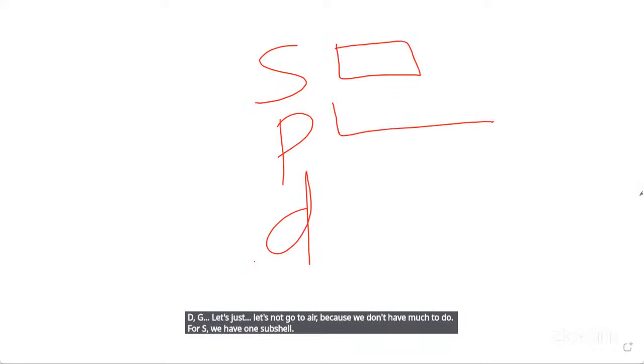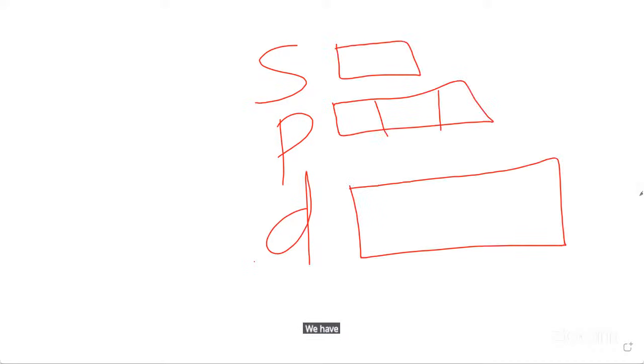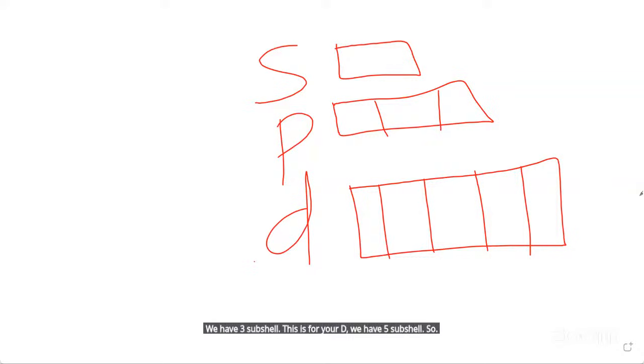For your subshells, let's say for S, P, D, let's not go to F. For P we have 3 orbitals, and for D we have 5 orbitals. So this is your S, this is your P, we have 3 orbitals, and this is your D, we have 5 orbitals. For your S, if it has 1 electron, it is very, very stable.